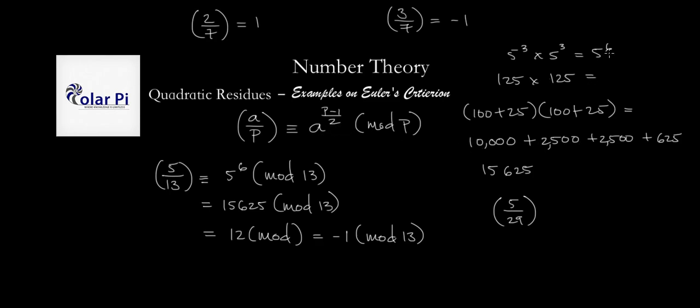And 5 to the 14th is a lot harder to get to than 5 to the 6th.